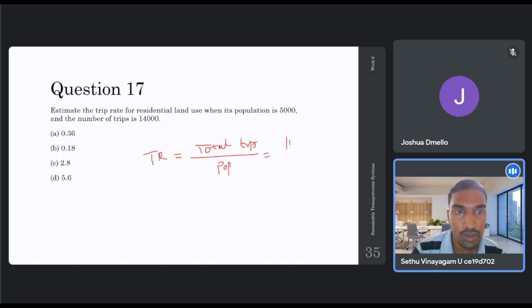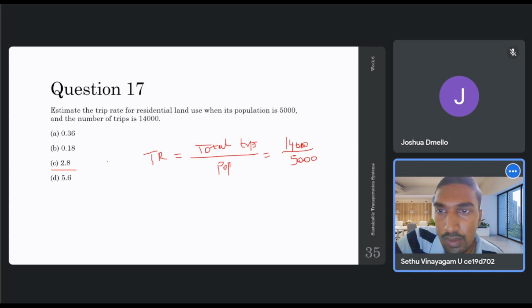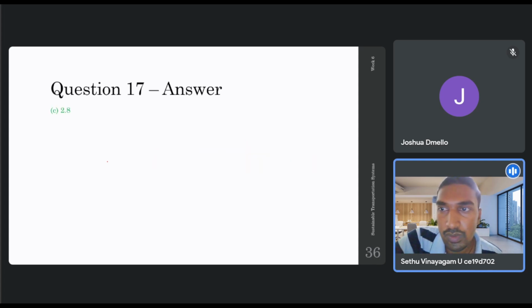The total number of trips produced in a day is 14,000, right? And the population is 5,000. So 14,000 by 5,000 will give you 2.8, right? That is the number of trips on average a person makes in this particular region. So 2.8 trips per person per day is the trip rate. So option C is the right one.